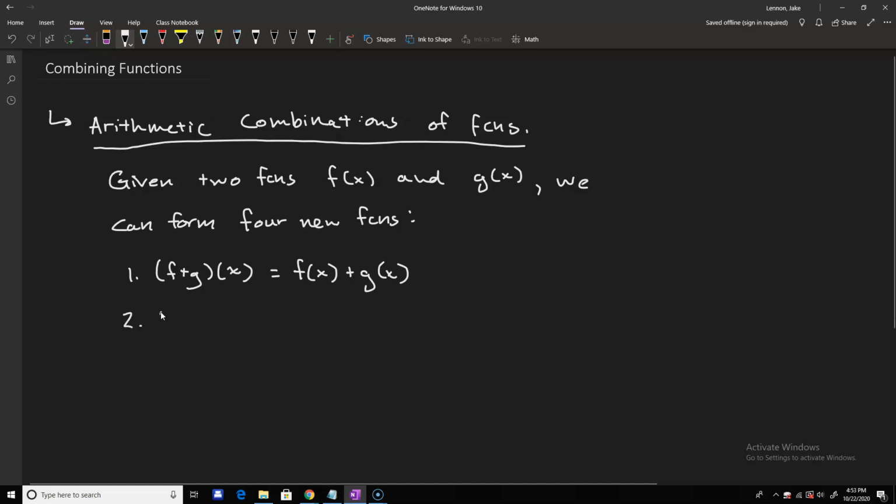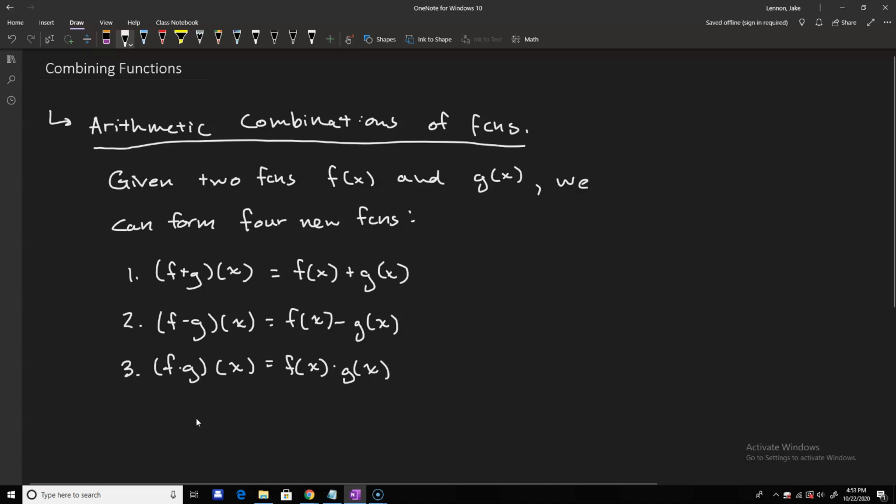Similarly, we can name a function f minus g, and that is done with the pointwise subtraction, f of x minus g of x. We can also use multiplication, f times g, and that's going to be f of x multiplied with g of x at every single point in the domain. And the last is division.